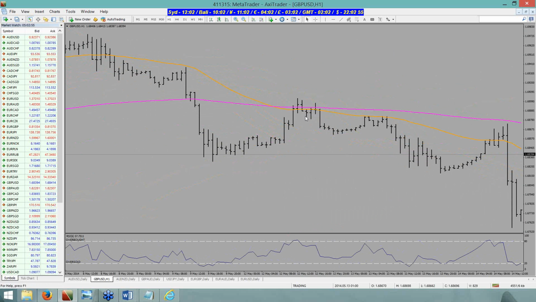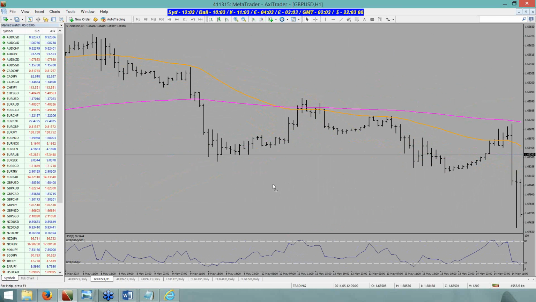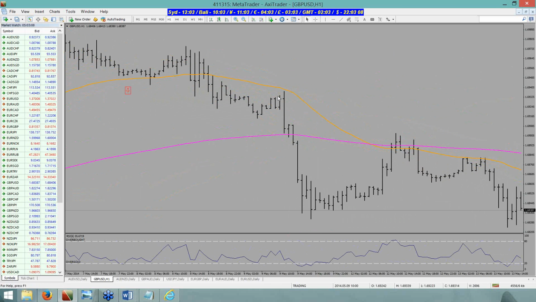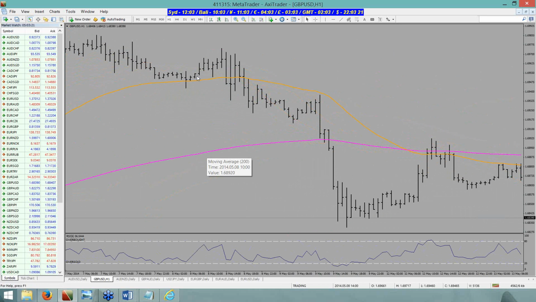So we get these opportunities on the hourly, and that's when we're taking those, because the trend is confirmed in the daily, we can go into the lower time frames. But we're only ever trading phase 1 on the 4 hour and the 1 hour. We only ever trade phase 1. We're not trading phase 2. Just pull back here. We're only ever trading phase 1 away from the moving average. Okay.